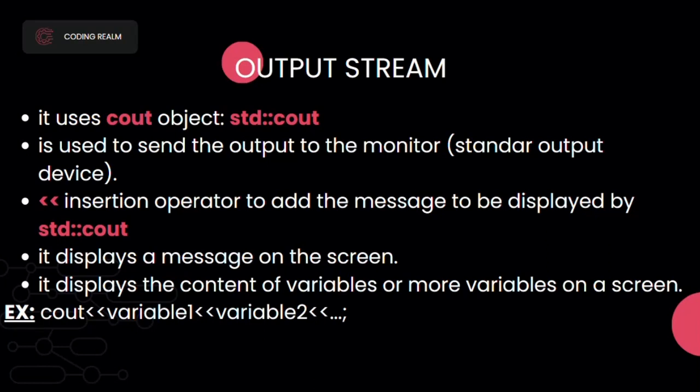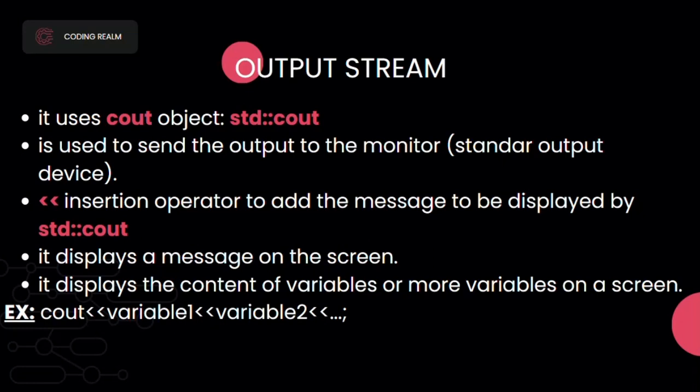Output stream. The output stream uses the cout object, like this, std cout. We will see next an example of how to use cout, the output, in a C++ program. It is used to send the output to the monitor, which means the standard output device. It displays the message on the screen, and to use cout I need to use the insertion operator to add the message to display it by the std cout.